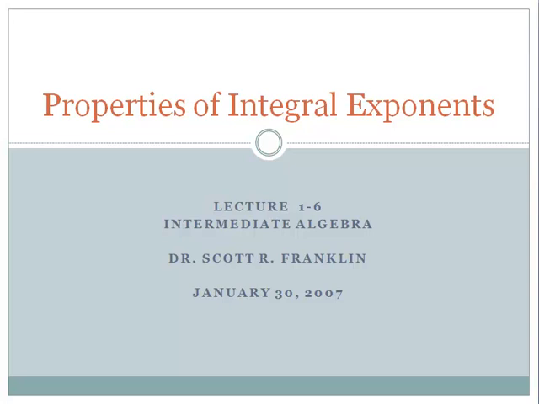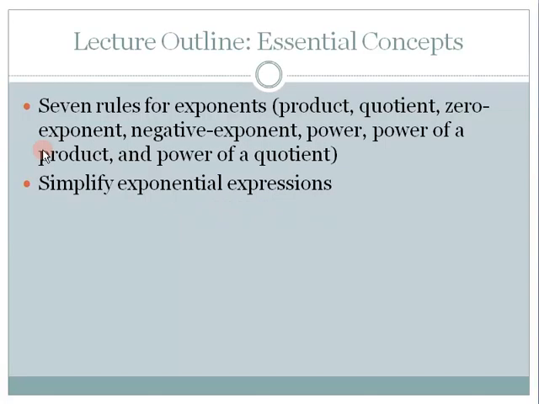And how we write that and how we simplify that operation is what we're going to be covering in this section. Our outline for this section, including the essential concepts, are the following. We're going to look at 7 rules for exponents. We're going to derive them and learn how to use them.